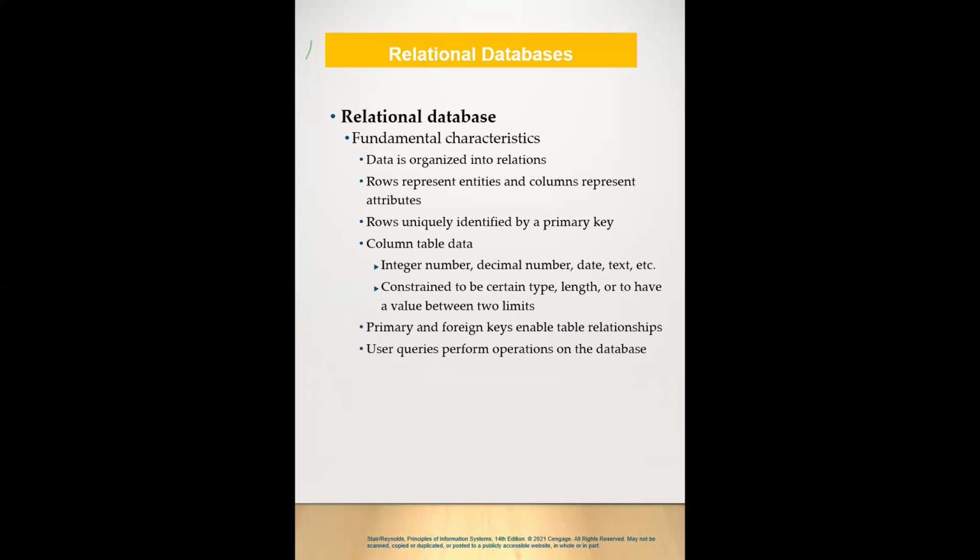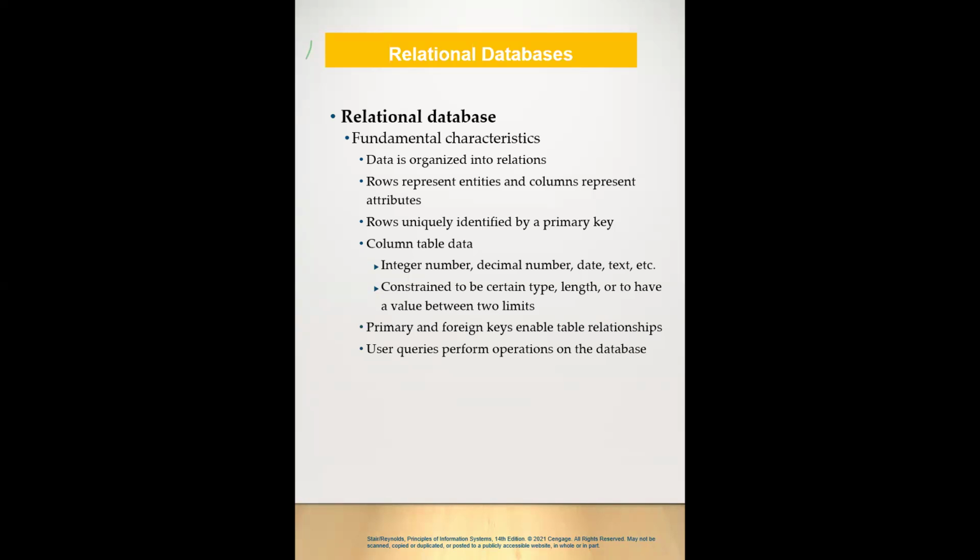So rows represent entities and columns represent attributes. So in every database, whenever you see rows, it means we are talking about entities or tables. And then the columns represent attributes or fields.